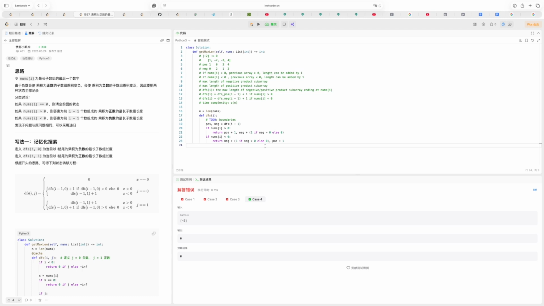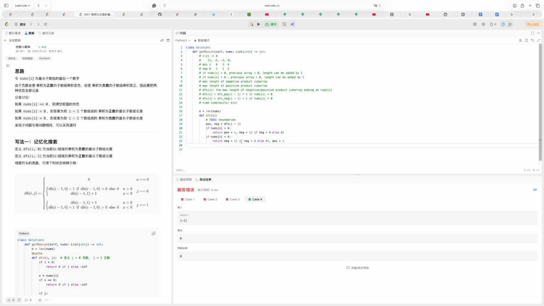But if the previous subarray negative length is larger than 1, then we can add our value and form a longer subarray that has positive value, so it should be added by 1. Okay, so far so good.